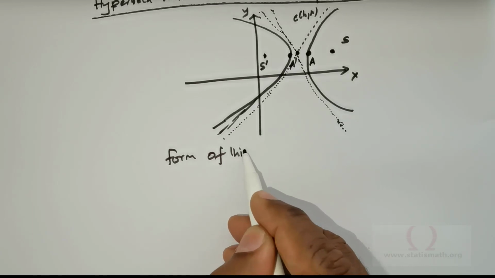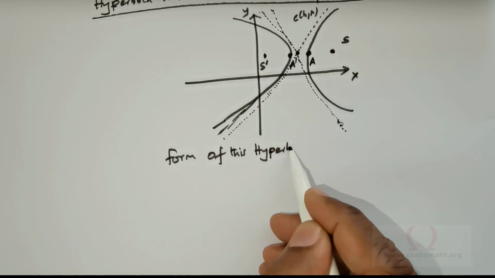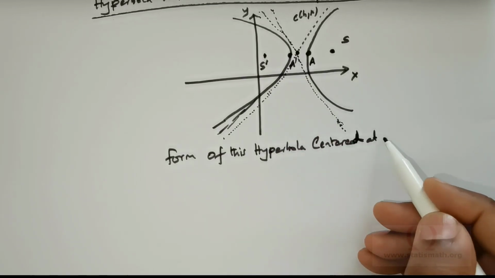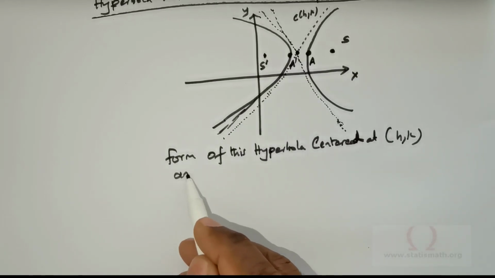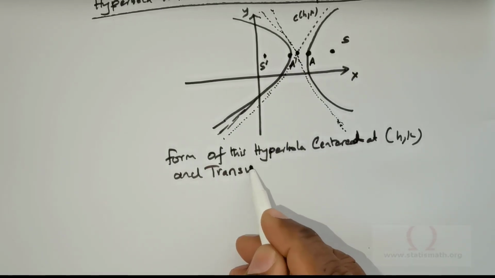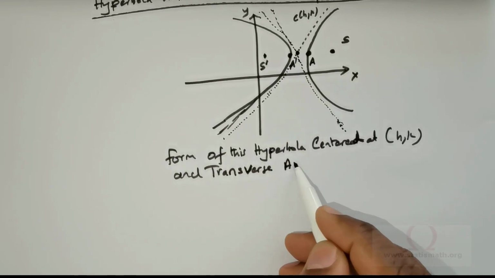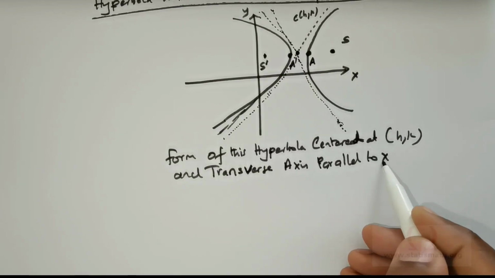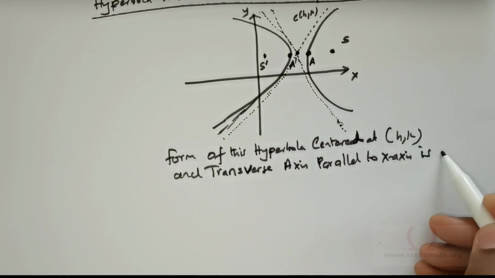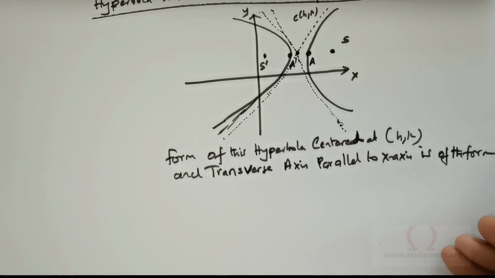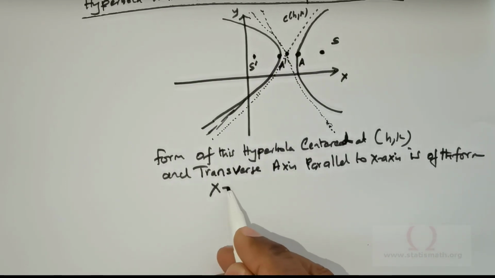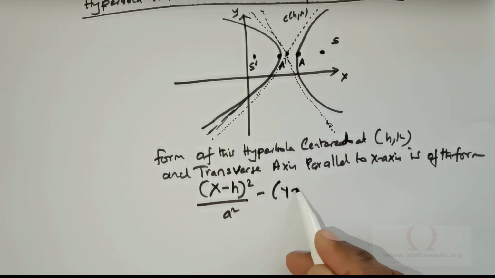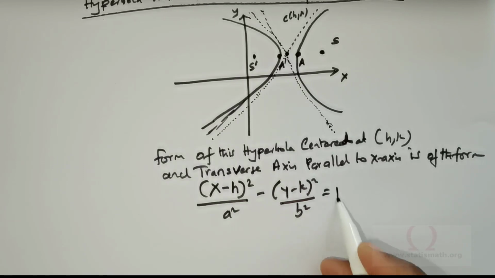The form of this hyperbola centered at H comma K and transverse axis parallel to x-axis is of the form (x − h)² / a² − (y − k)² / b² = 1.